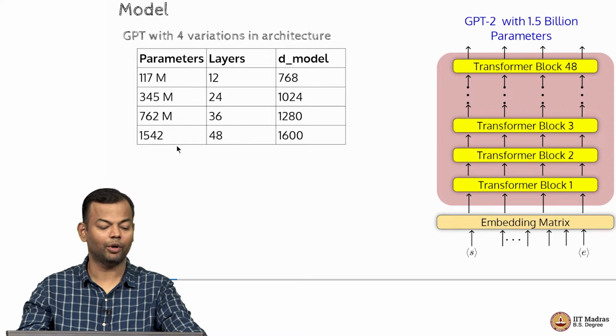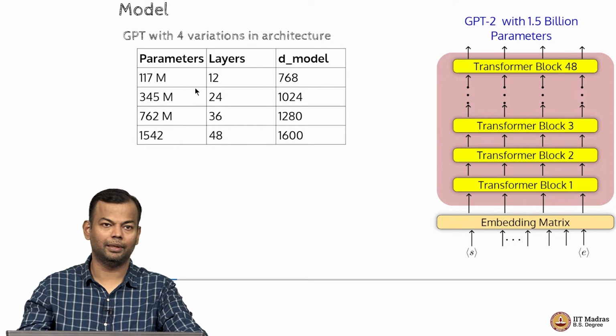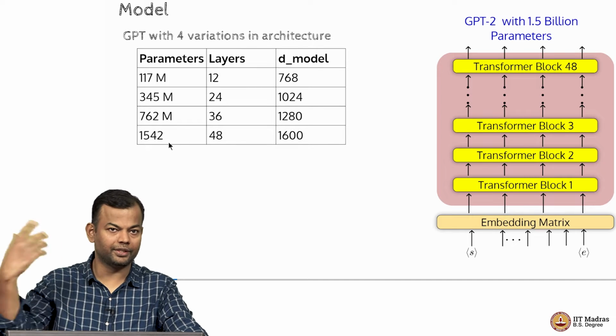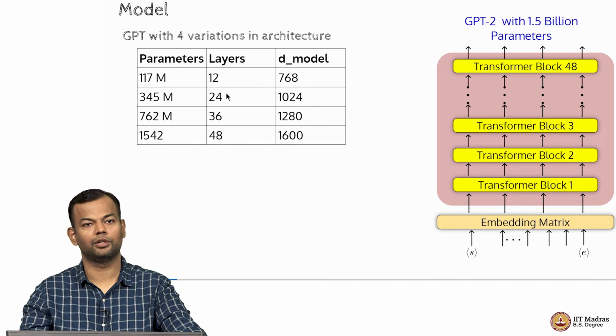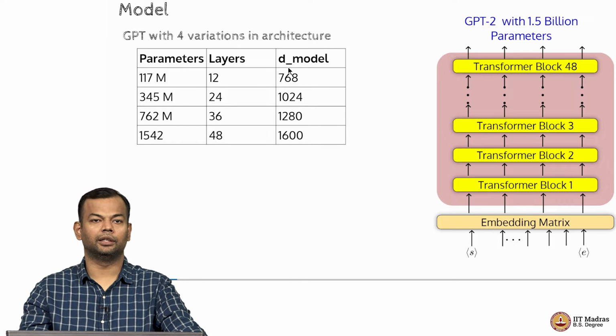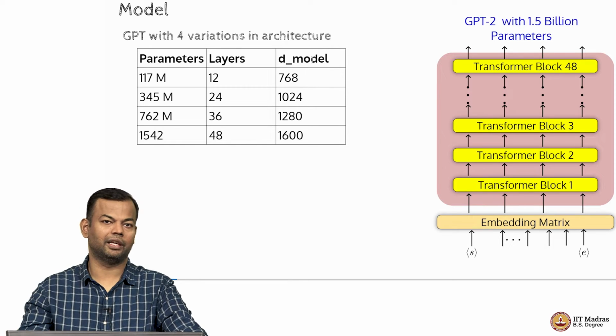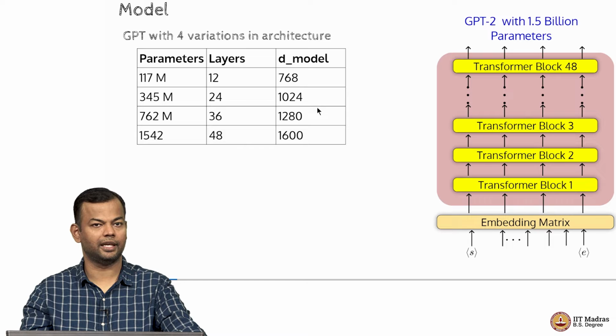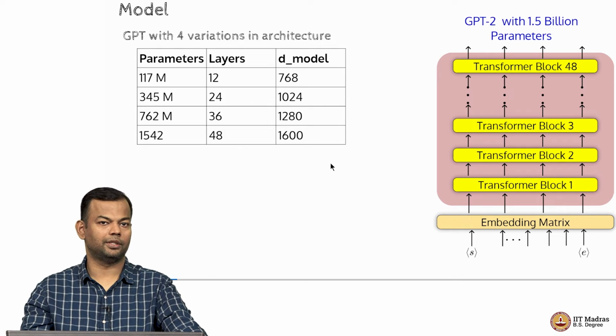They trained a family of models starting from 117 million, then 2x of that, then 2x of that, and then 2x of that again. So they went from 12 layers to 24 to 36 to 48. And the D model, which is the dimension of the embedding, also was changed from 768 to 1024, 1280, 1600.